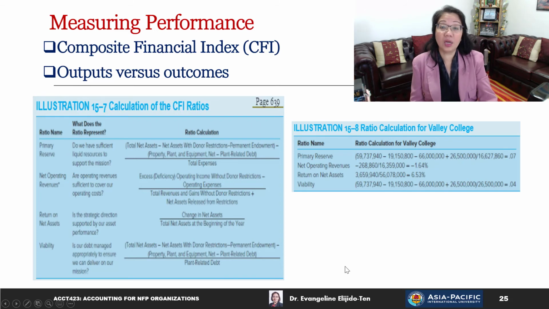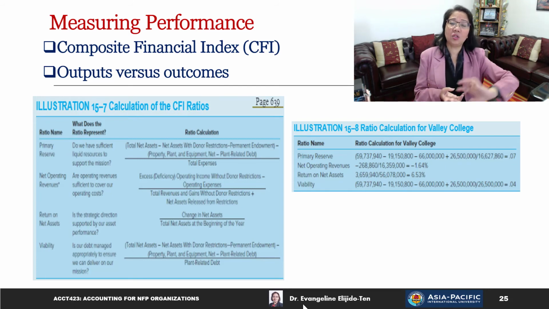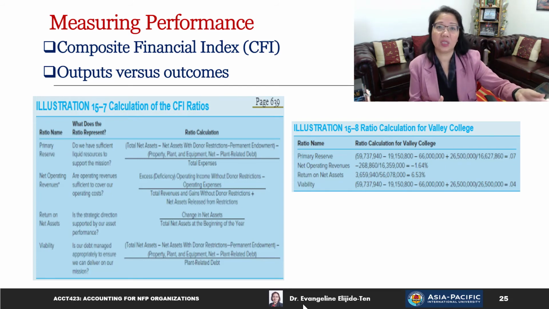Now, the calculation of all these ratios for Valley College is shown in illustration 15-8. So whilst the ratio calculation is not that difficult, it is more the interpretation of it, and comparing it with a similar size institution will be useful.